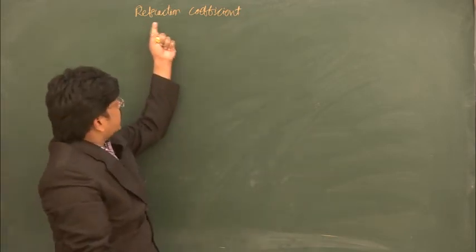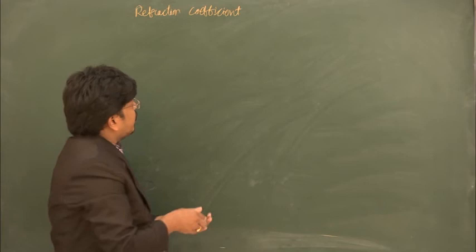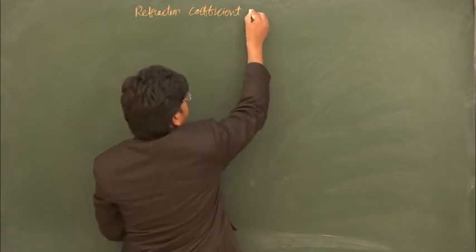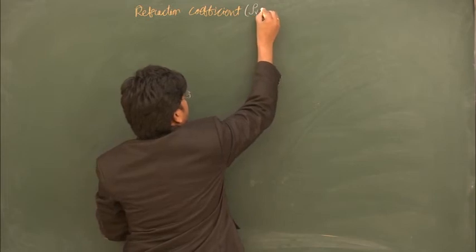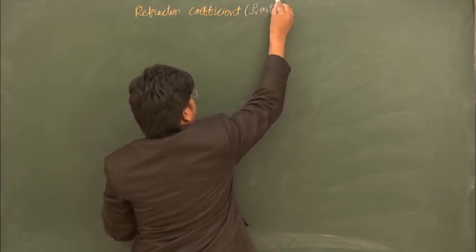Now we are going to discuss the refraction coefficient, generally denoted by rho V or rho I.